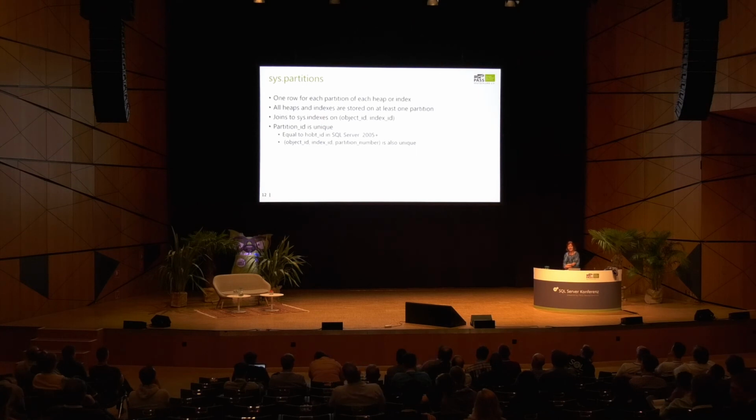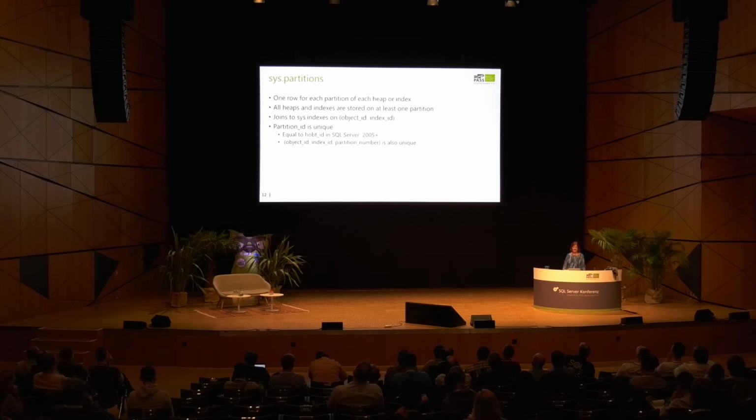Partition ID you can think of as the unique identifier for each partition. It's actually the same as another column called hobt ID. And when we look at the metadata, I'll tell you a little bit more about why we have both of them.